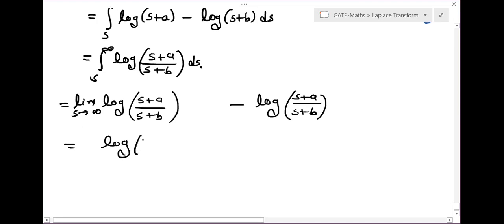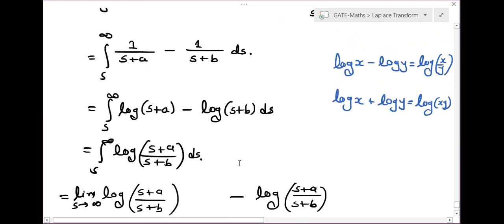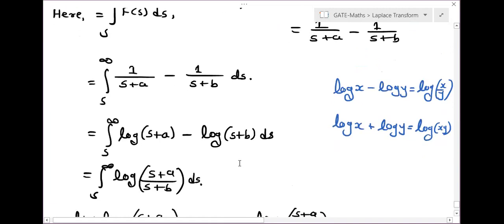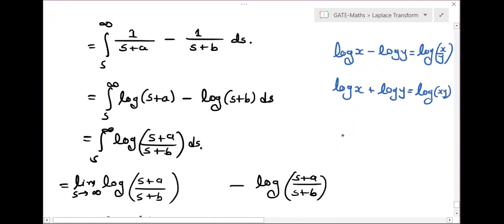So it is log 1 by 1, and if you apply the limit to a constant term, you will get that constant term only, minus log s plus a by s plus b. So this is your L'Hopital rule, right? That we will see in detail when we get to the L'Hopital calculus portion.